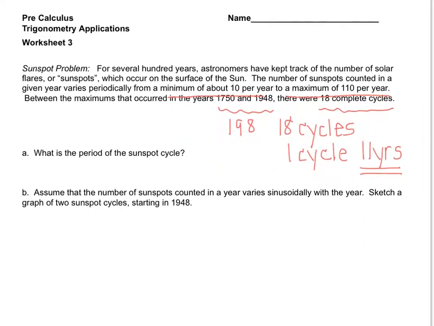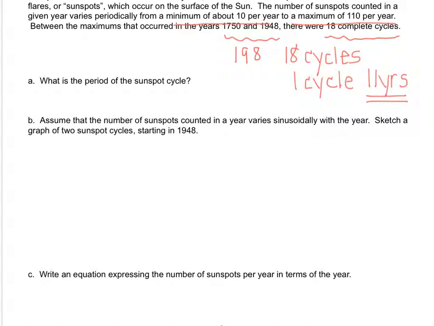So now let's move this up a little bit. It says, assume that the number of sunspots counted in a year varies sinusoidally. Now we should know by now what that means. Sketch a graph of 2 sunspot cycles starting in 1948. Well, I always just draw one.